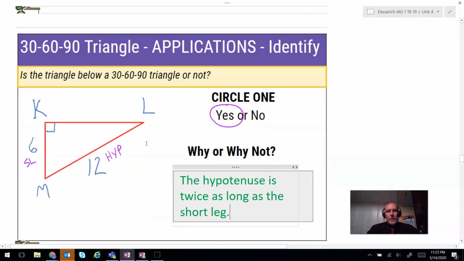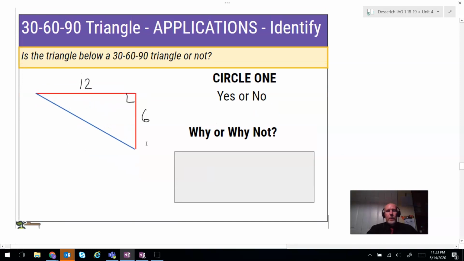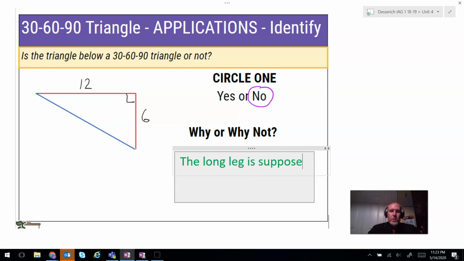Okay, and then lastly here, I think lastly, is this a 30, 60, 90 triangle? Yes or no? No, it is not, because the long leg is supposed to be square root 3 times bigger than the short leg.